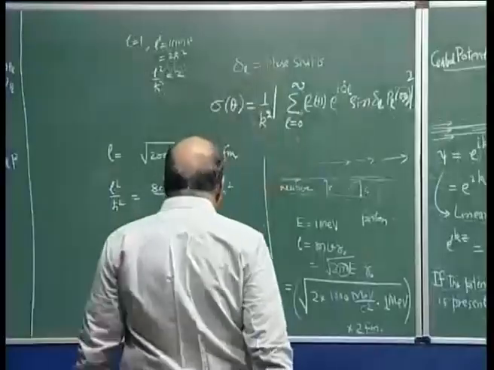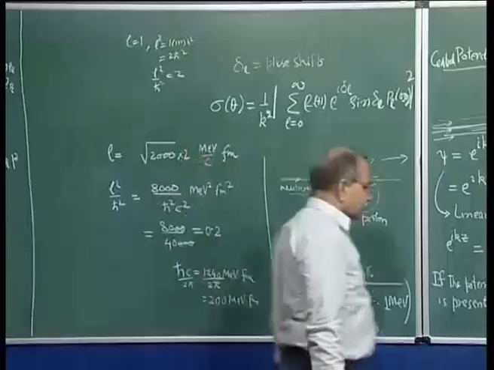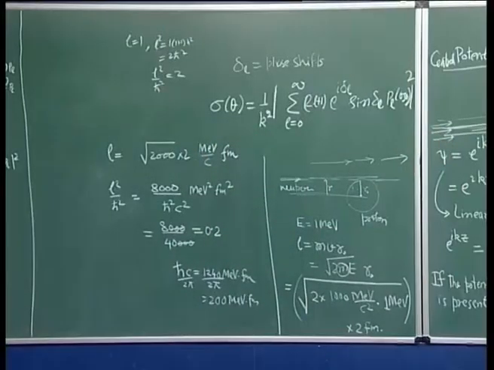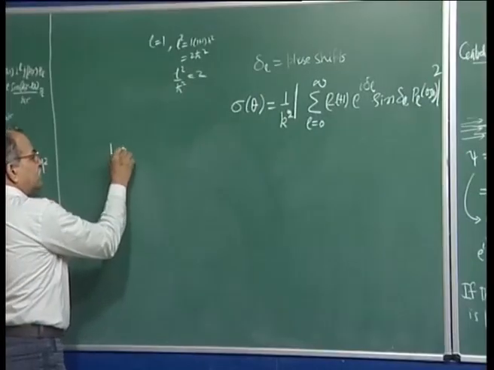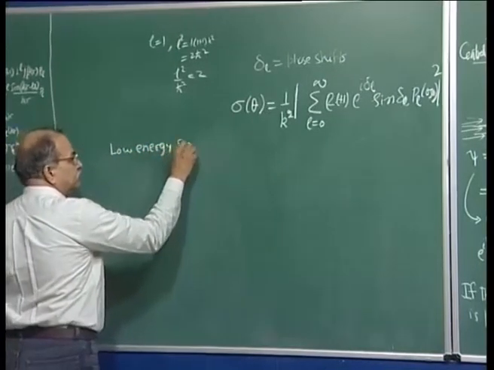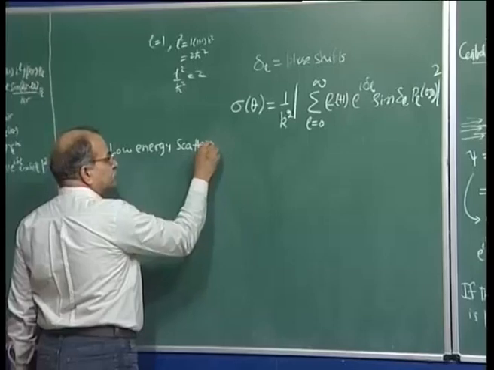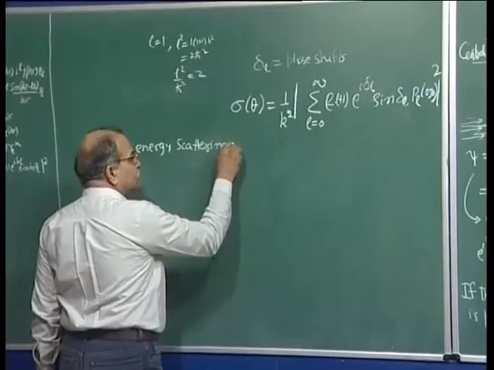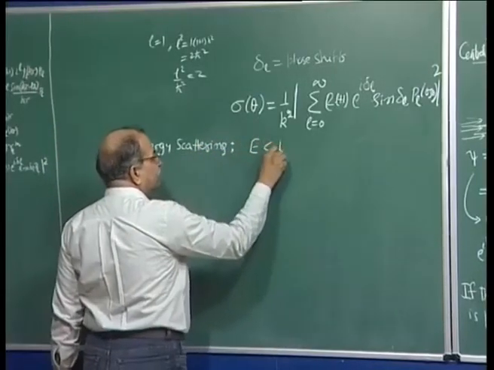Now, if you do that, L equal to 0, low energy scattering. So, for low energy scattering, and low energy scattering means E less than 1 MeV, let us say.